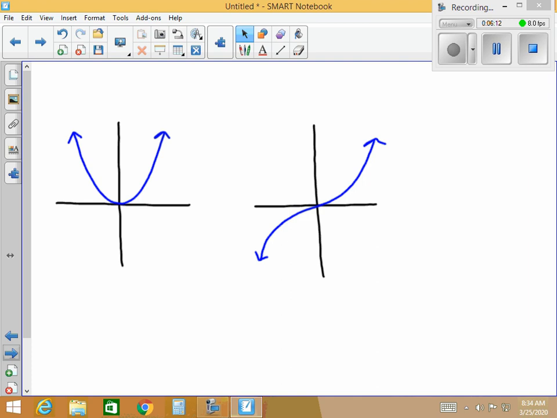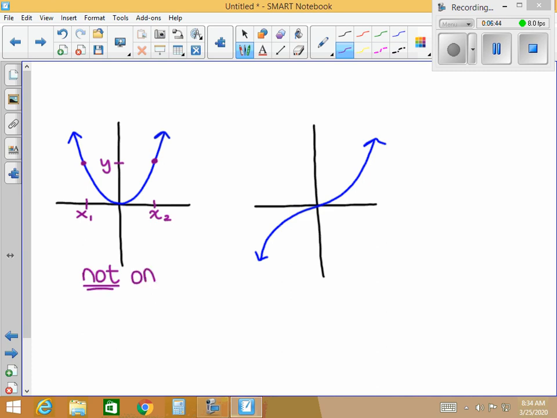If I'm standing at a value of y in the range, this parabola here has a range from 0 to infinity. Okay. So if I'm standing at this y value on my graph and I want to figure out how many x's took me there, notice there are two x values, one here on the left and one here on the right, and those two different x values took me to that same y. And so just from that point alone, I can say, well, this function is not one-to-one.